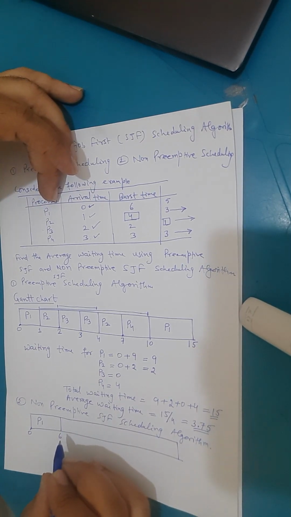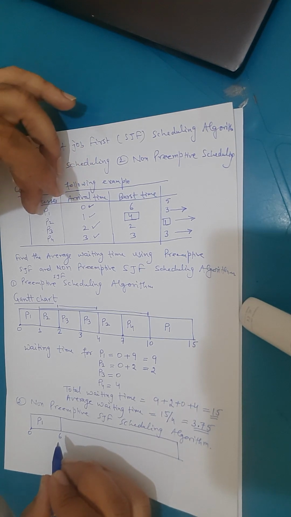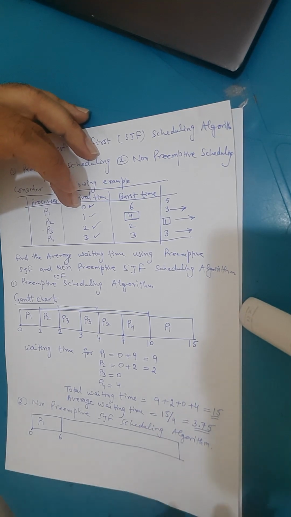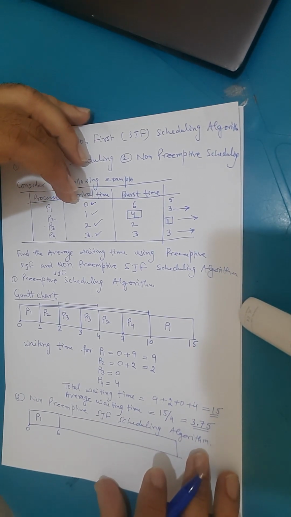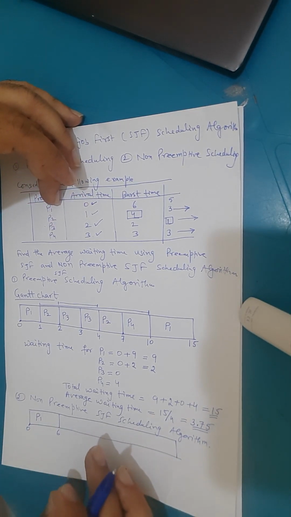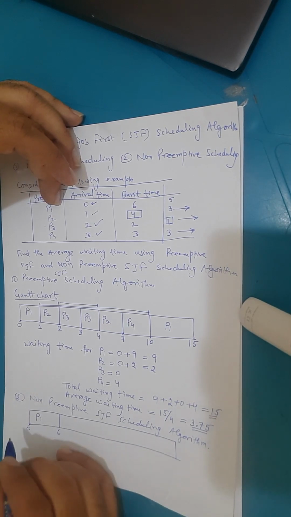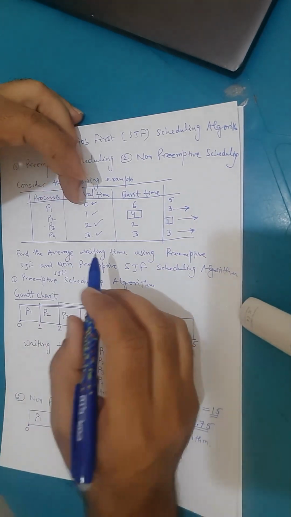In non-preemptive SJF scheduling algorithm, P1 arrived at the system at 0. There was no other process in the system at 0. So P1 will start to execute from 0 to 6 because this is a non-preemptive scheduling algorithm, so no interrupt will happen. Okay, so P1 will execute from 0 to 6.